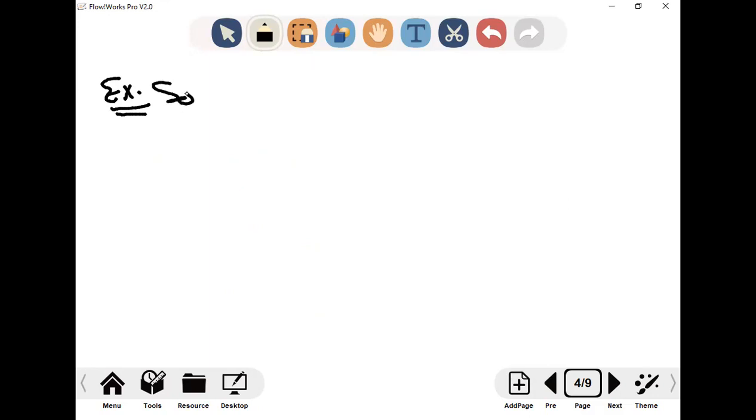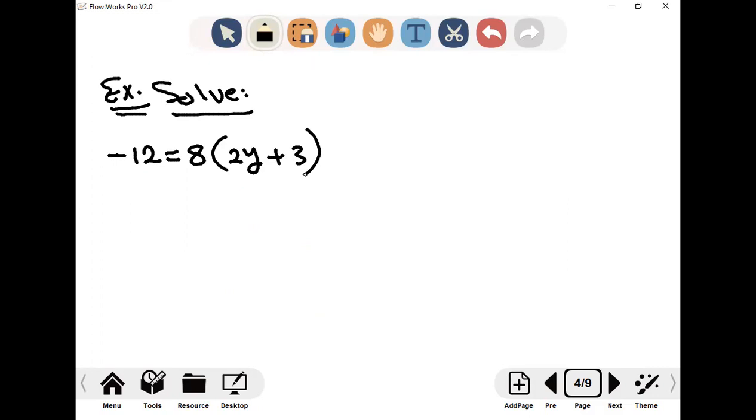Solve negative 24 equals 8 times (2y plus 3). Now we will follow the same strategy.